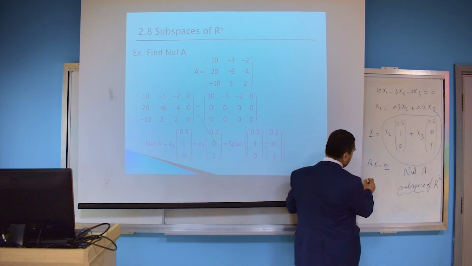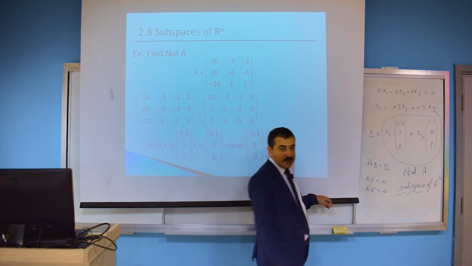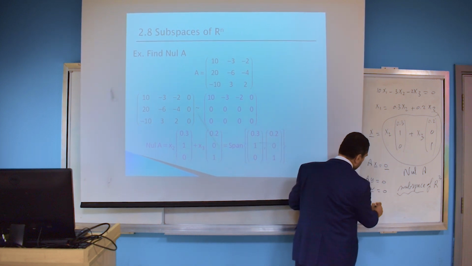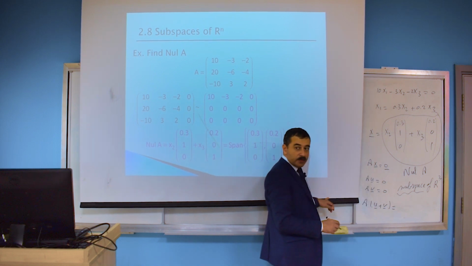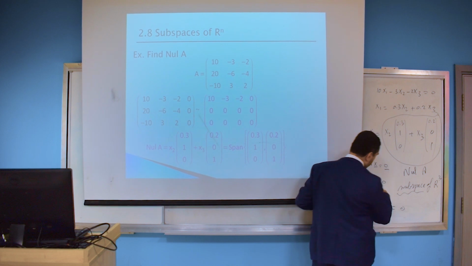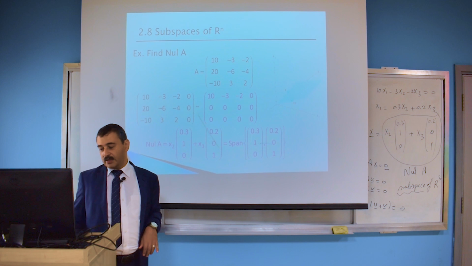What happens if you have two vectors belonging to the null space? Does the sum belong to the null space? Would this guy be 0 from the distribution, right? And the same for the scalar multiplication.